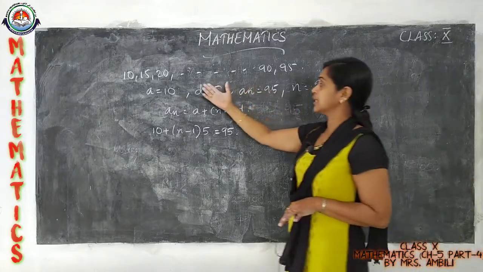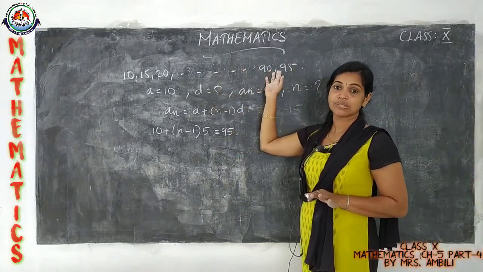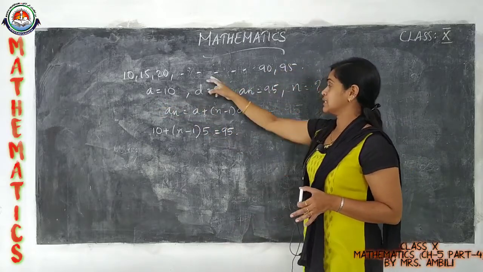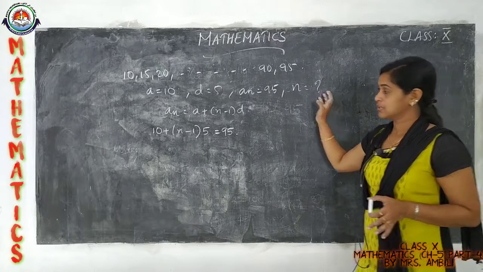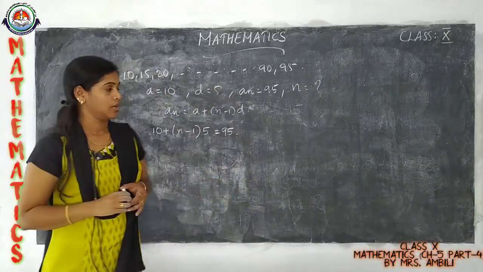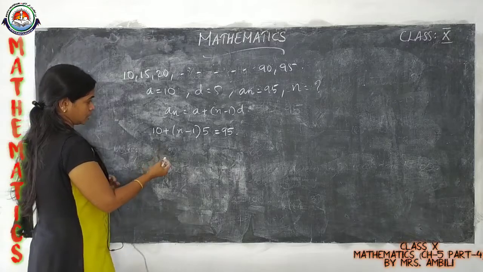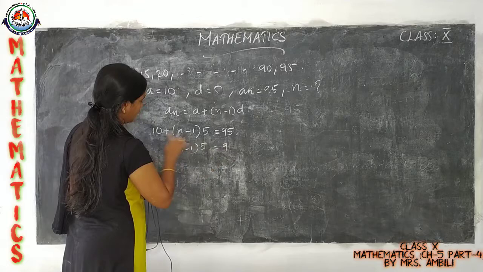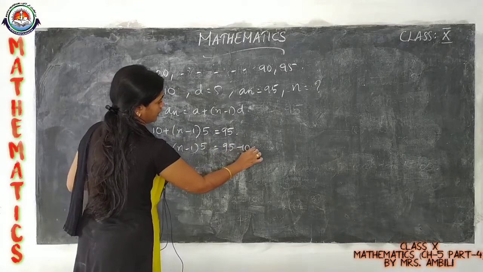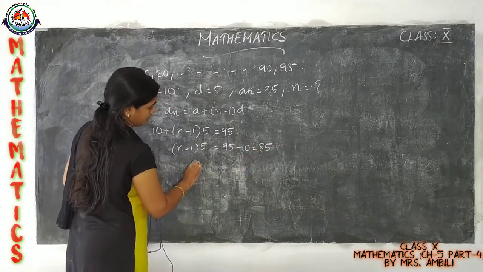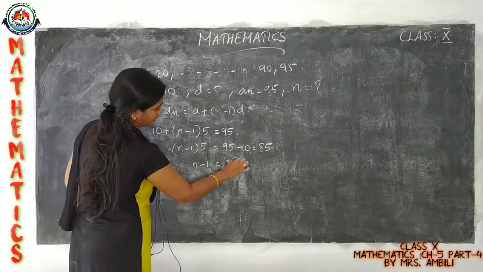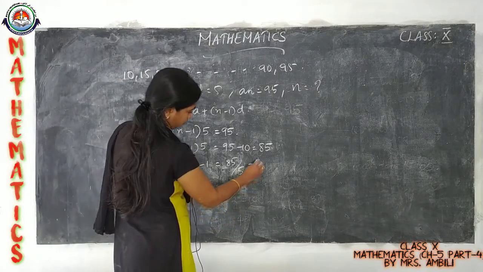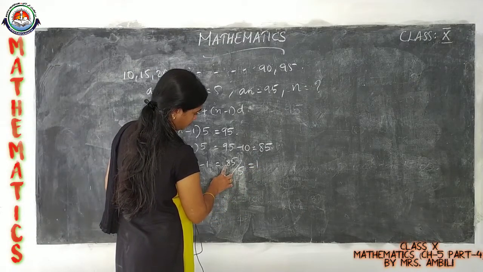We need to find the number of terms n. That is our question. How many terms are there? So A equal to 10, D equal to 5, that we get from this AP. So next you need to continue. We can write (n minus 1) into 5 equal to 95 minus 10, 85. What is n minus 1? 85 by 5 equal to 17.